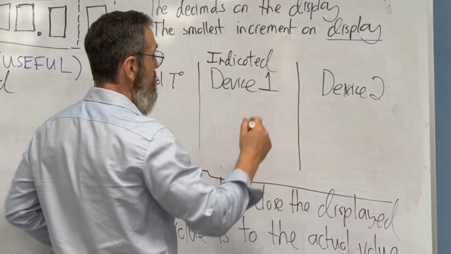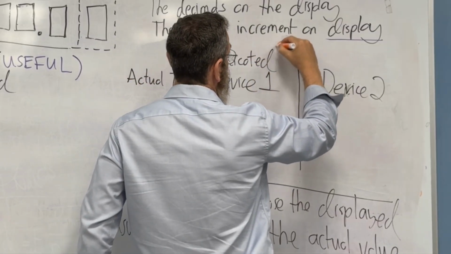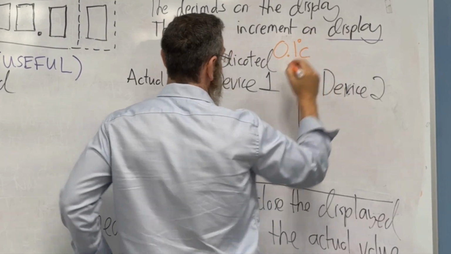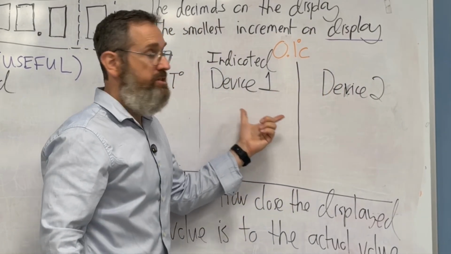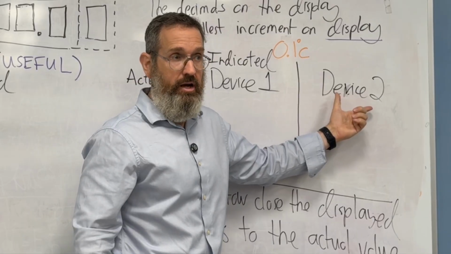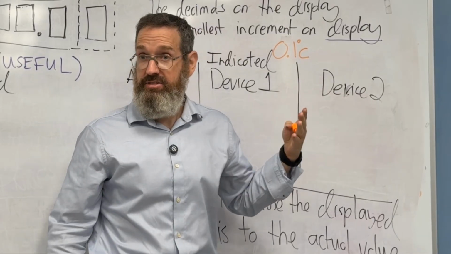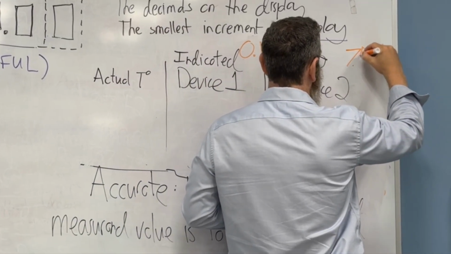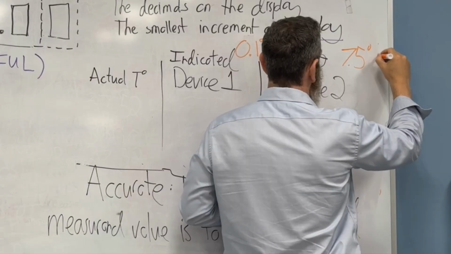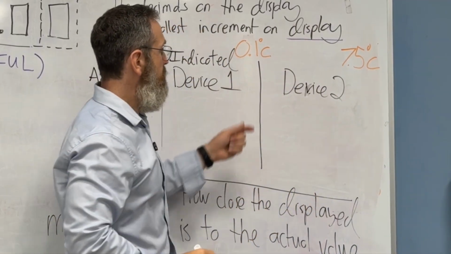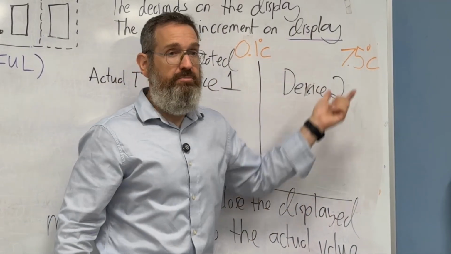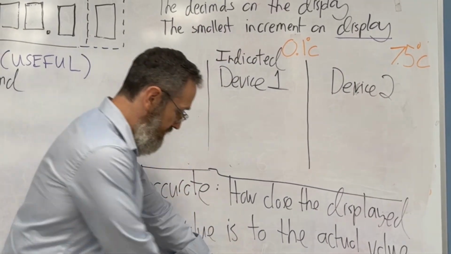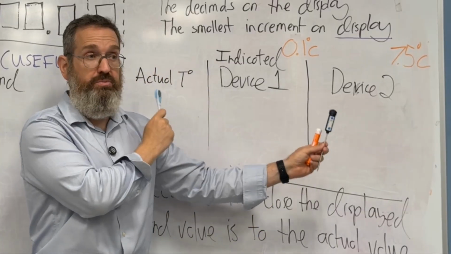Its accuracy can be described by giving it the number 0.1 degrees C. We suggested that this device has a worse accuracy, that we will describe as 7.5 degrees C. 0.1 degrees C, 7.5 degrees C. This was the accuracy that we are assigning to these two specific instruments.